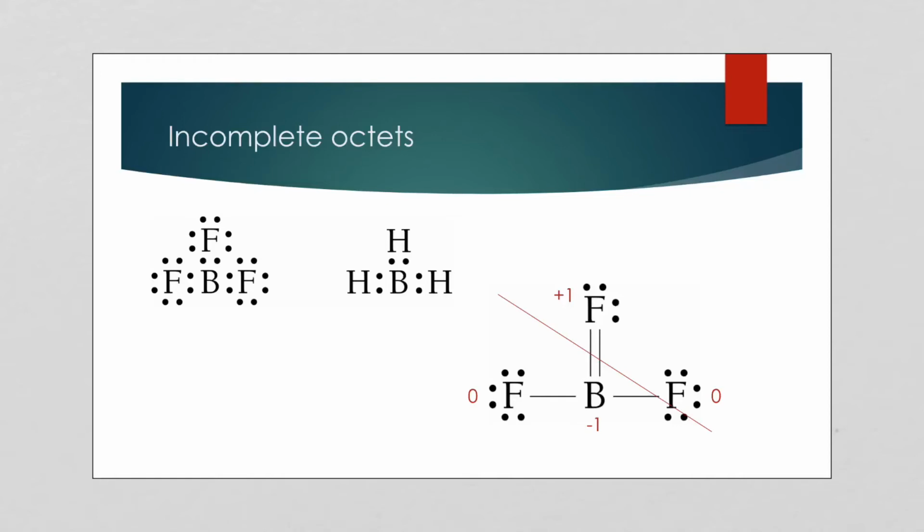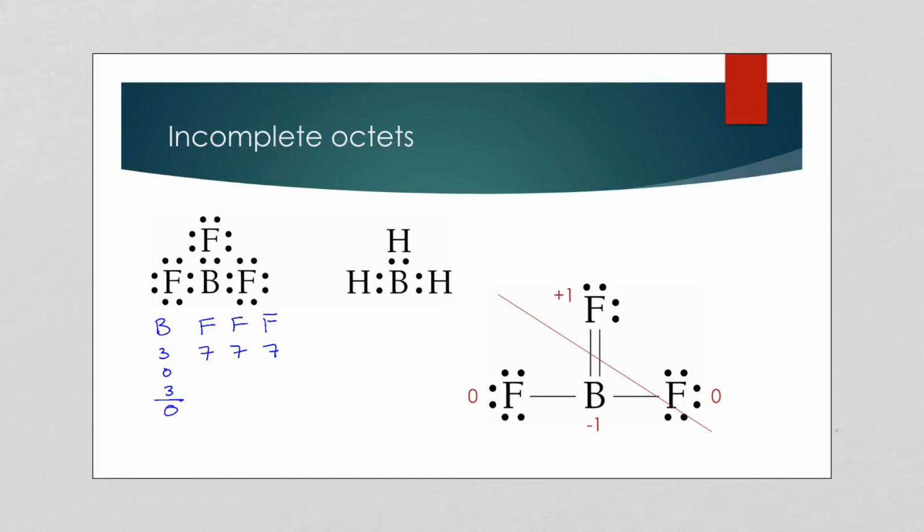Now, we can do some formal charges if you want to. So we can do the boron and the 3 fluorines, which are going to be the same. So boron has 3 valence electrons. These have 7. The boron has no non-bonding. It's sharing 6, so half of that is 3.